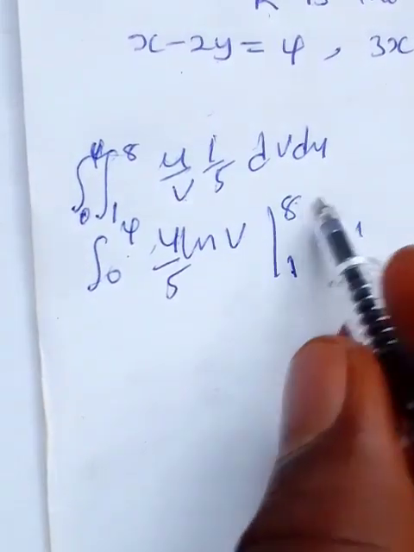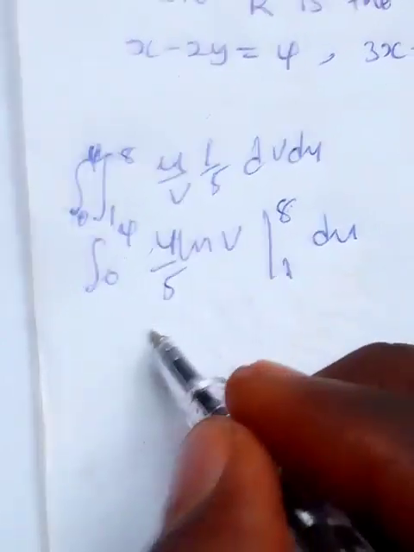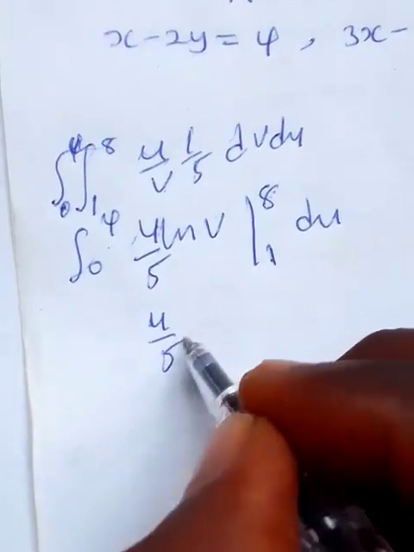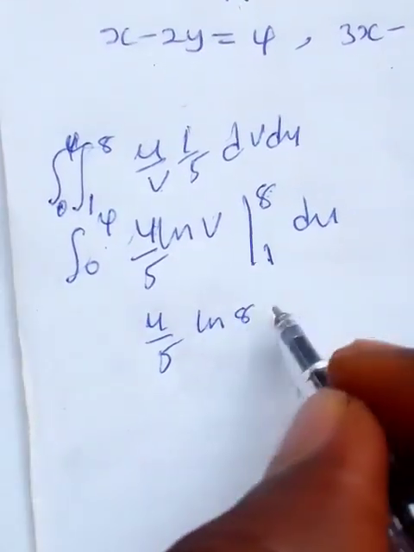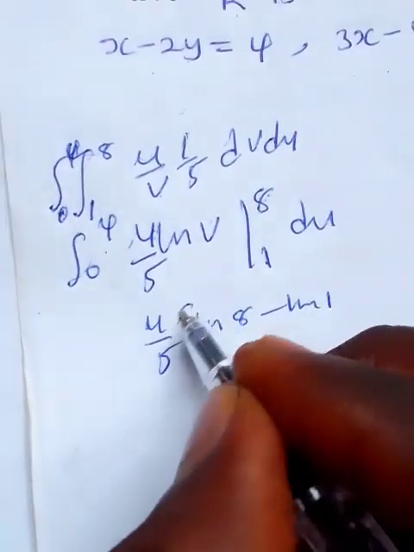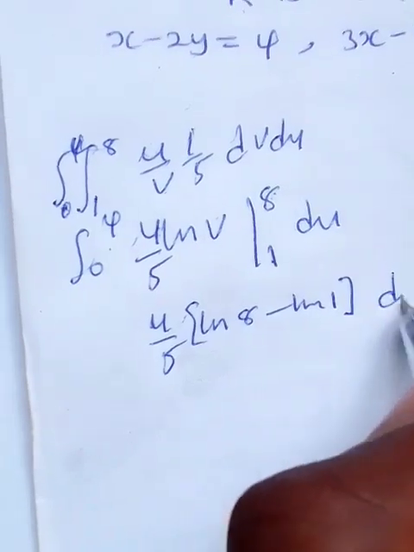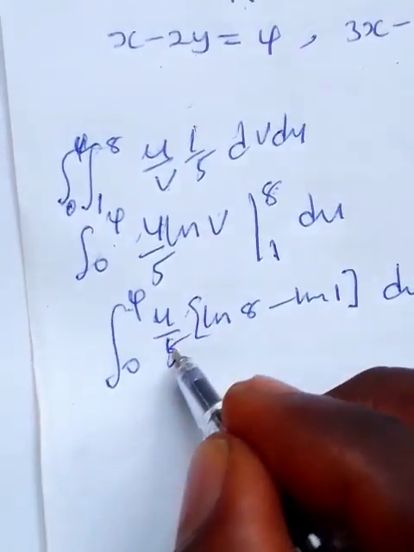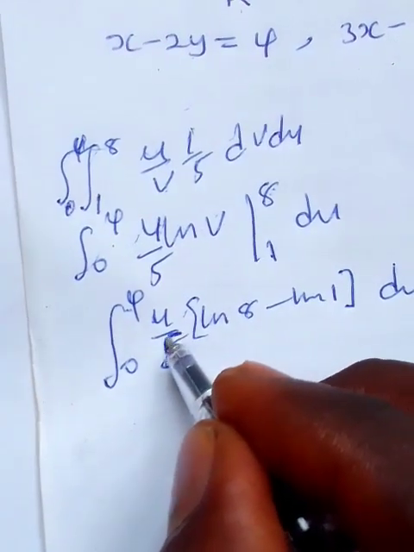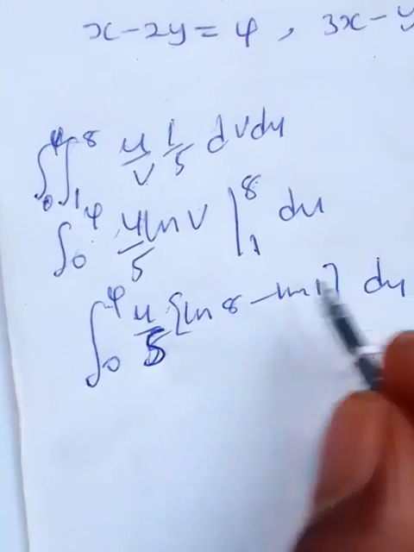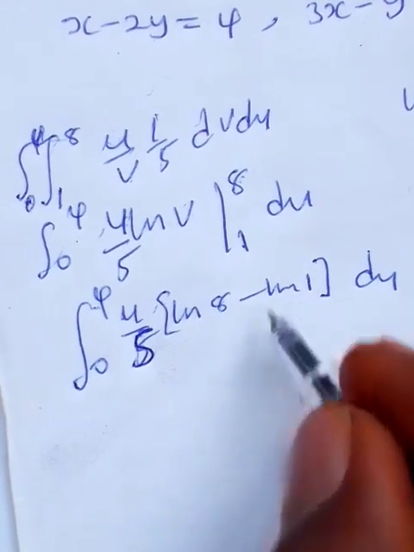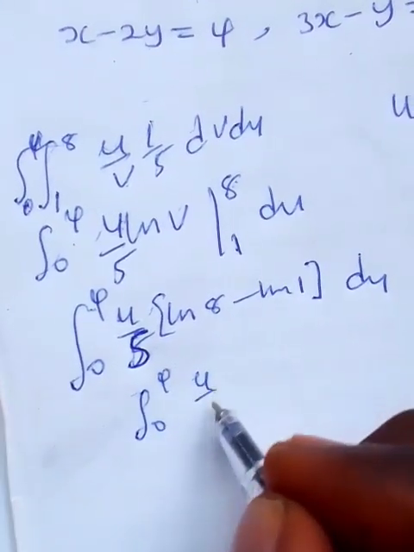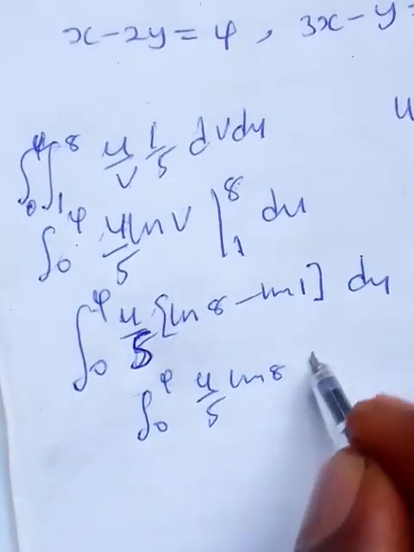Plug in 8 for v and 1 for v, so we have u over 5 times ln 8 minus ln 1, du. Don't forget our integration. ln 1 is simply 0, so we are left with u over 5 ln 8 du.